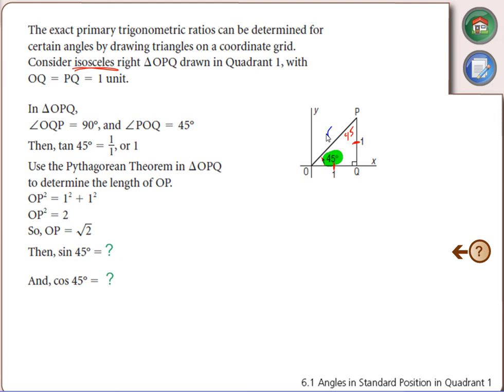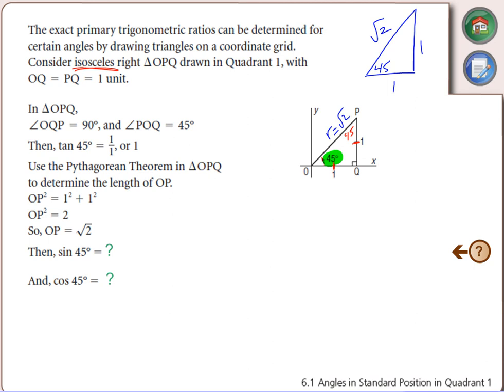Well, that's OP. And you can see, working it through here, that you come up with the square root of 2. That gives us a special triangle of 45 degrees, 1, 1, root 2.